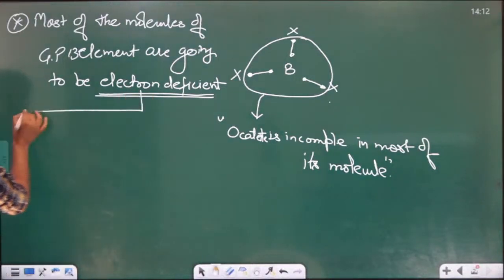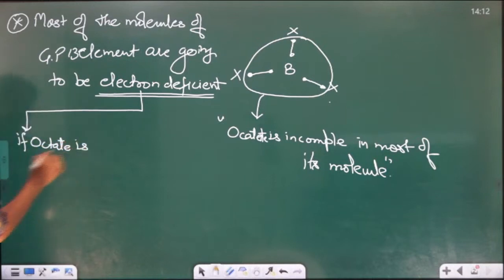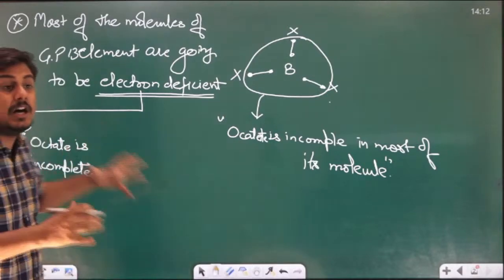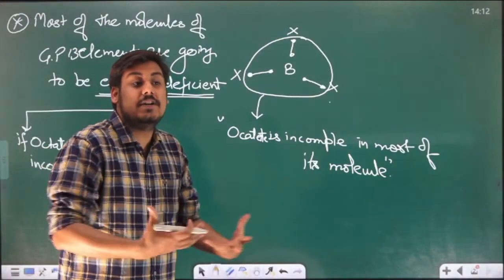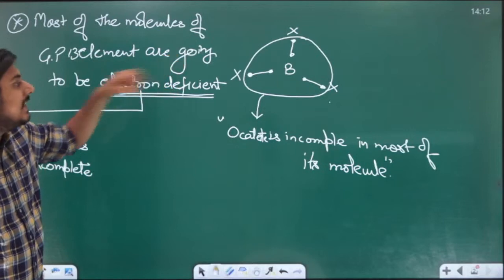One thing that I am saying is a molecule can be electron deficient if the octet is incomplete according to Lewis theory. If the octet is incomplete, that means the molecule is electron deficient. It has an urge for more and more electrons, so that more electrons can still be filled in its valence shell.